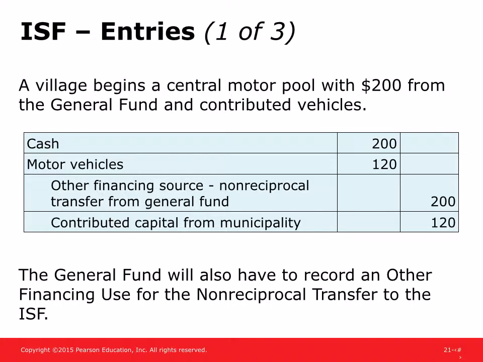So this is a look at what some of the journal entries would look like for a motor pool fund. At the outset, you see basically a contribution of cash and vehicles. The cash coming from the general fund and the vehicles just from the municipality in general. So you see the debit and credit entries there.